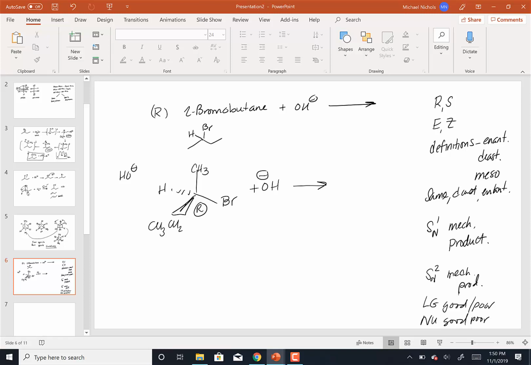So chapter 11 is going to kind of be a review of all four mechanisms. I think that's it. E1 mechanism, E1 products. So yes, E1 as well. Anything else I'm missing?